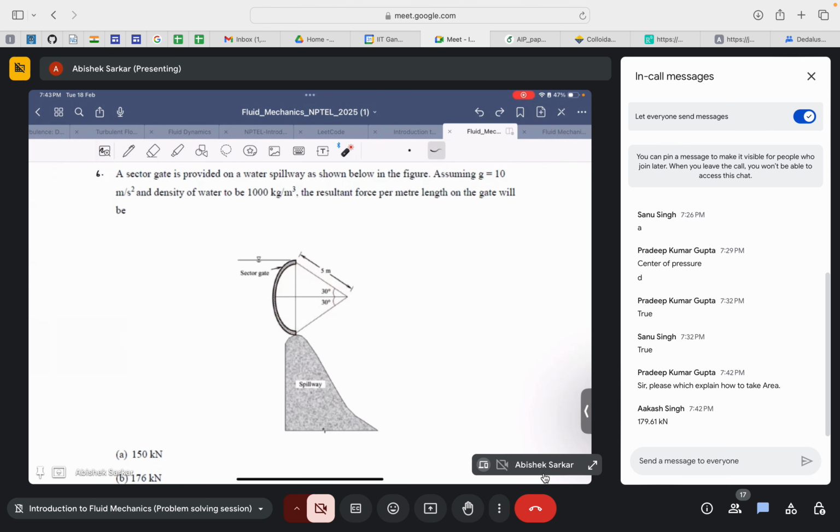To find the volume of fluid contained in this curved surface, you need to find the area of this region, and times the length gives you the volume. So the area would be the area of this sector minus the area of this triangle.